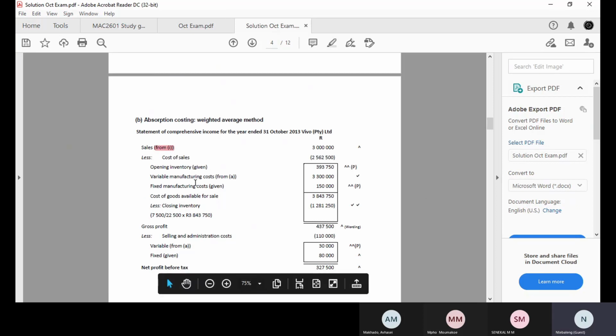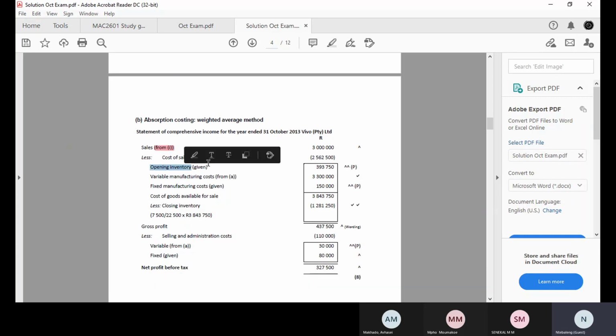So the presentation here is different from that other one. Less cost of sales. So what is my cost of sales? You say opening inventory, it's given. Then you say that it's a principal mark. Then variable manufacturing, you say from A. So you see you're saving a lot of time from recalculating, but you need to reference where it is coming from.